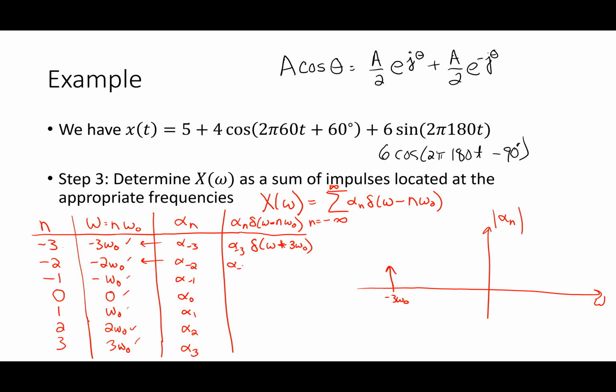So then alpha -2 delta of omega plus 2 omega naught, okay? Again, plus because this is minus and this is minus. So 2 omega naught would be here. Now in this particular case, I don't have a term at -2 omega naught. Then alpha -1, that impulse is going to be at plus omega naught.